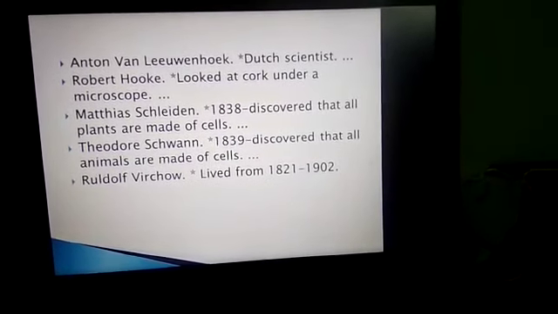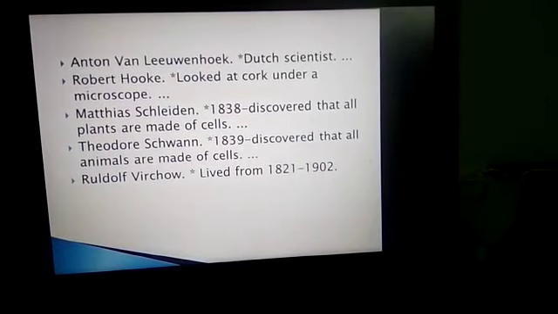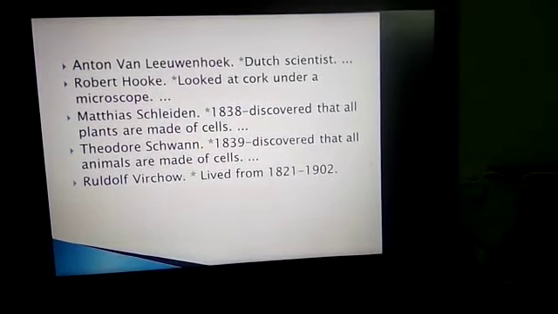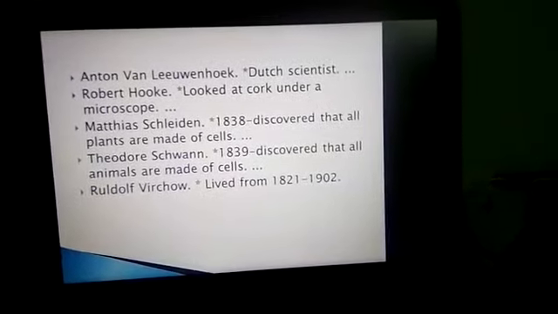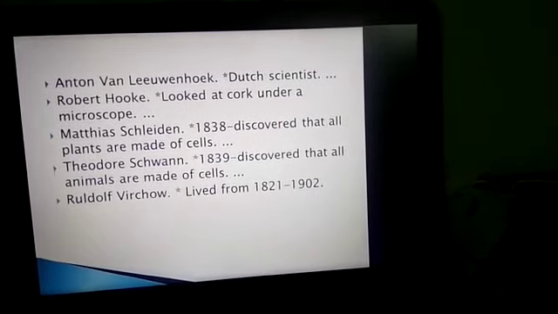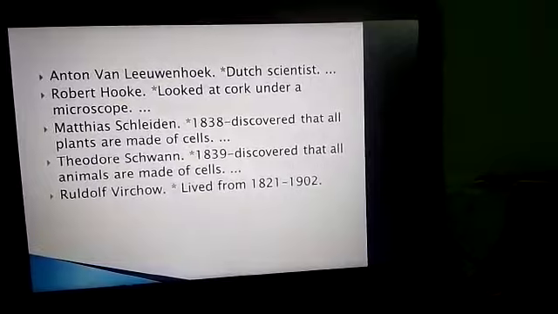So Hooke discovered the cell, Schleiden discovered that plants are also made up of cells, and Schwann discovered that animals are made up of cells. And Rudolf Virchow also showed that the cell is an important unit of living organisms.